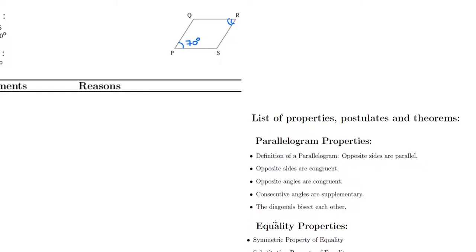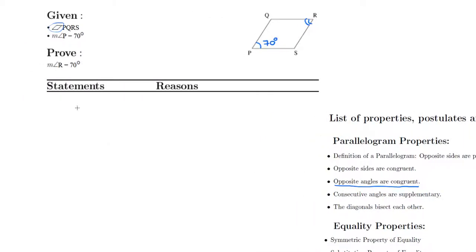But besides having a clear understanding of what properties are out there, you want to refocus your attention on the ones you're going to use. From all of the properties in this list, the only one I'm interested in is this third one right here: opposite angles are congruent.